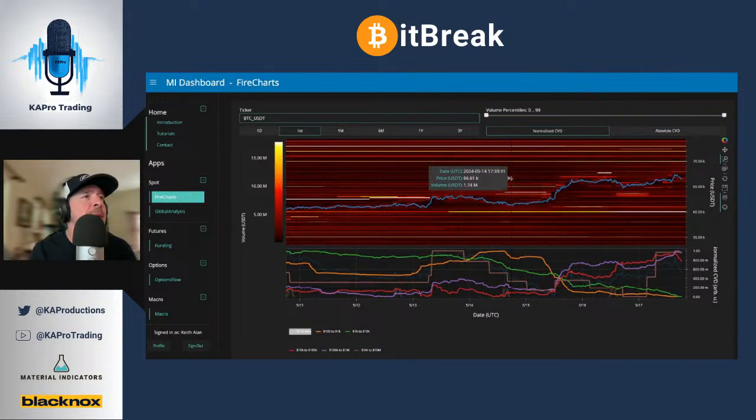In this example up here, we saw a sell wall come in outside of the active trading range. The net effect is it pushed price down, and as it was moving down, we saw more come on top of that.